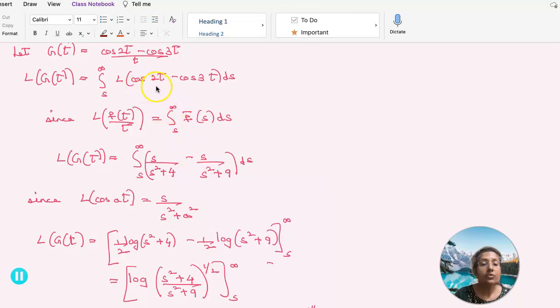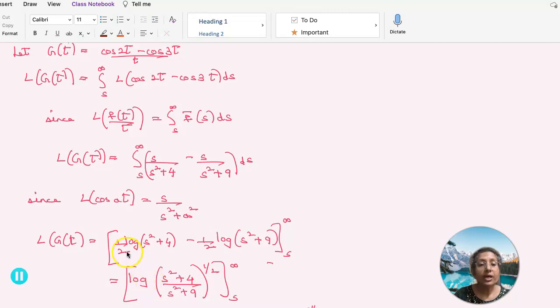So the Laplace transform of cos 2t becomes s by s squared plus 4, and what is the Laplace transform of cos 3t? s by s squared plus 9. So here when we integrate it, we can make a substitution in both cases, put s squared plus 4 as t. So you get 2s ds equal to dt, and again substituting within the limits, you get the integral from s to infinity.